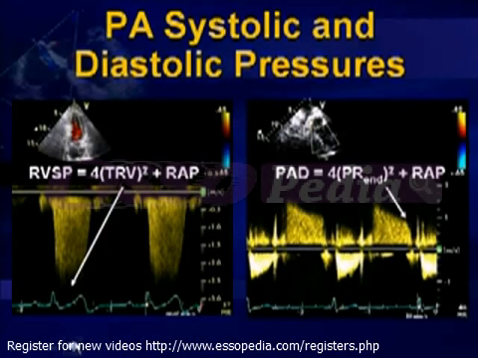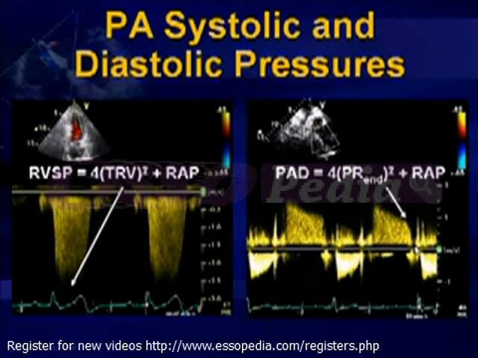We can look at the PA systolic pressure as well as diastolic pressures. Of course, looking at the right ventricular, assuming the TR velocity, as patients with diastolic dysfunction often have an increase in PA pressure. Therefore, in the absence of pulmonary disease, PA pressure may be used to infer the presence of an increase in LV filling pressure.